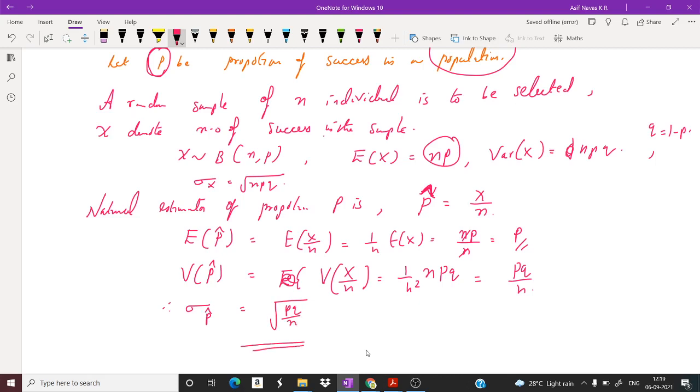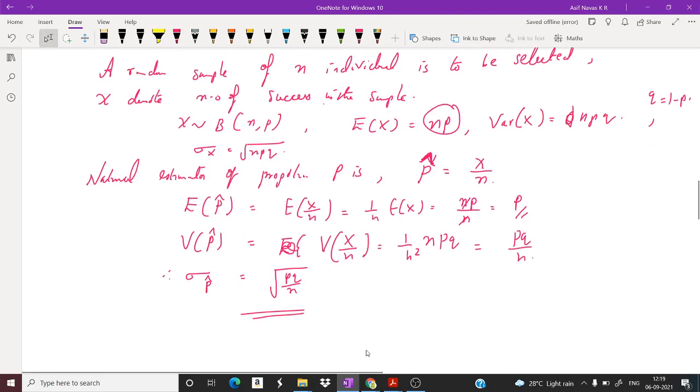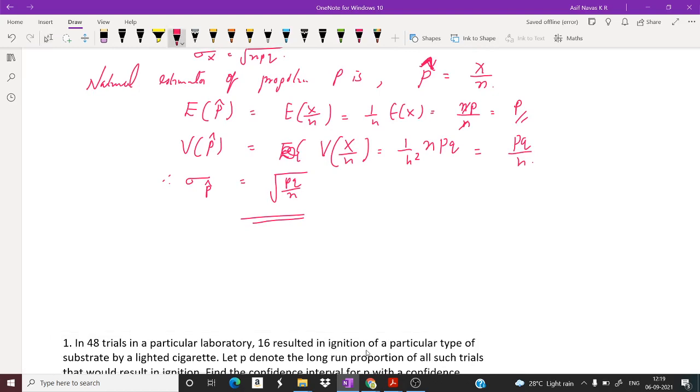Now this proportion p bar follows a normal distribution when n is very large. N is large means np is greater than 10. Then p cap follows a normal distribution with mean p and standard deviation root of pq by n.